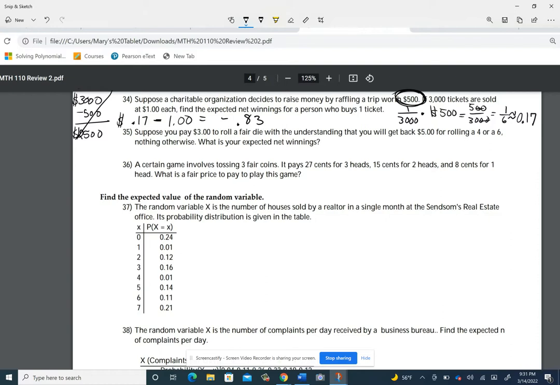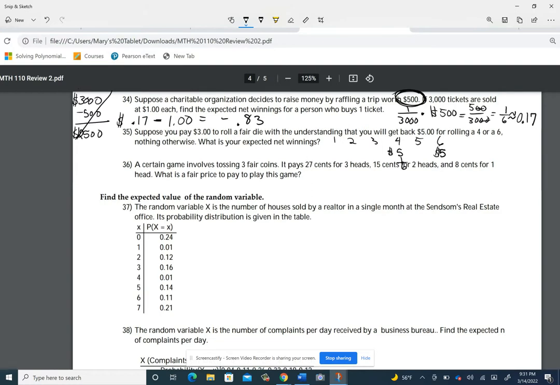All right. Now the next one says you're going to roll a die. You have these options when you do that. You're going to get $5 when you roll a 4 or a 6, and nothing for anything else. The probability of each of those is a sixth, a 1 out of 6 chance.